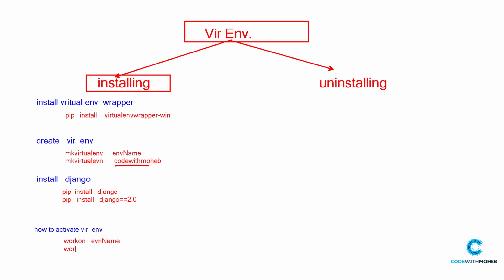For example, the virtual environment name is codewithmohib. That's it. So these are the 3 important steps, number 1, number 2, number 3, for creating a virtual environment and installing Django in it. And when we close our command prompt and want to activate our virtual environment again, then we type this command.